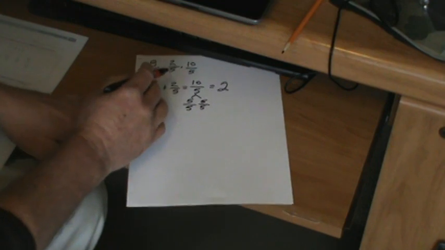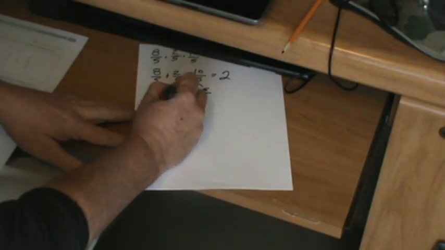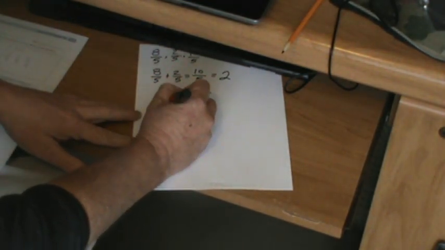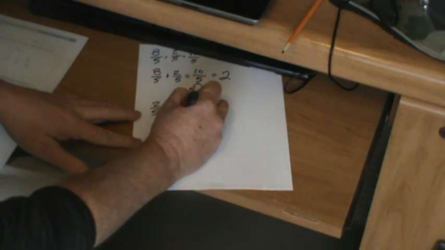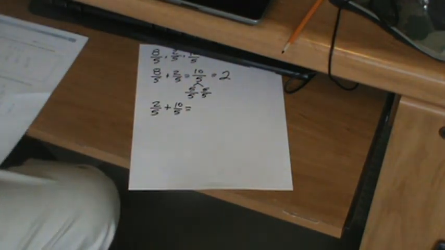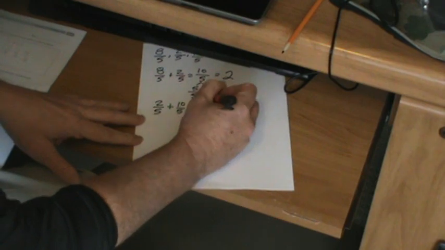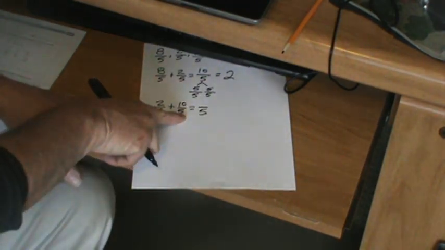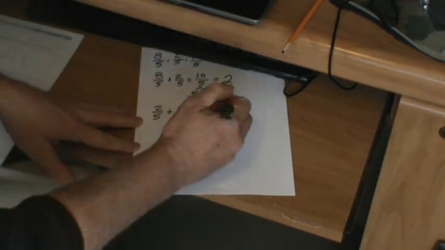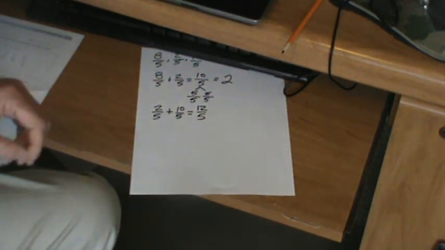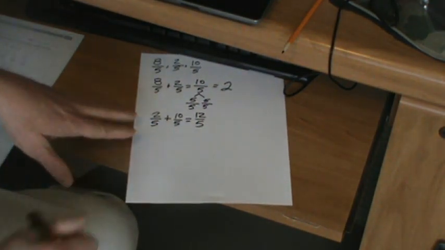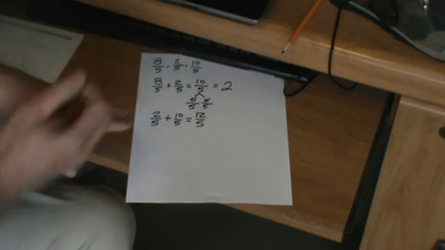Let's do another one. Let's do 2/5 plus 10/5. And what will that equal? Well, remember, the 5 does not change. And then we do 10 plus 2, 12. So what do we have here? We have 12/5, which is greater than 10/5.